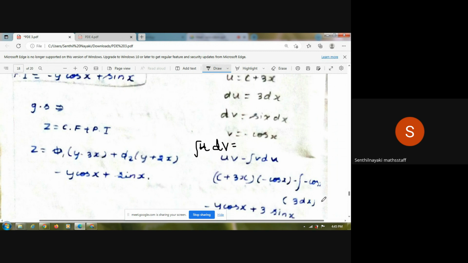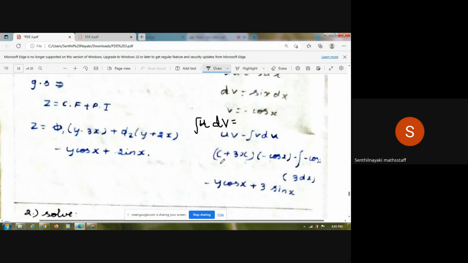du is 3 dx. So this term becomes y, already I have mentioned, and this is minus cos x, therefore here minus sign is there, so minus y cos x. Minus into minus is plus 3 cos x dx, integral cos x dx is sin x.